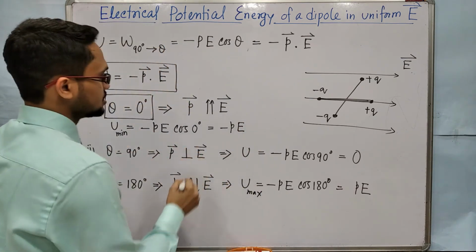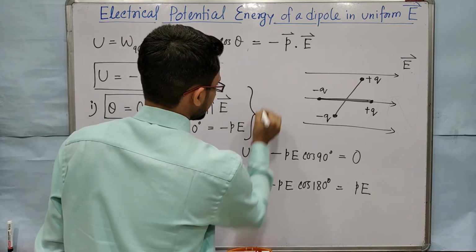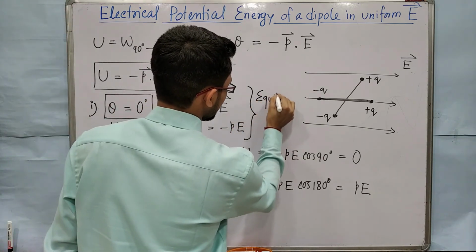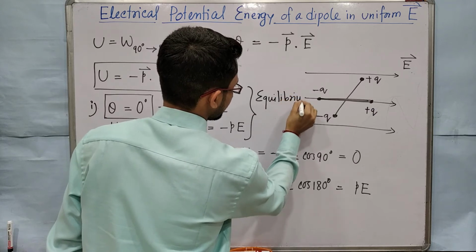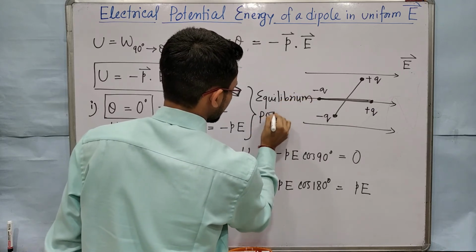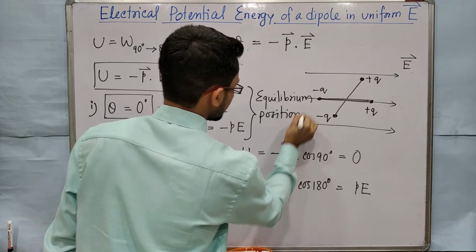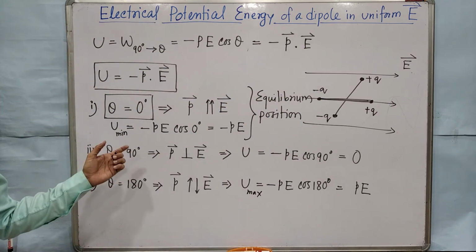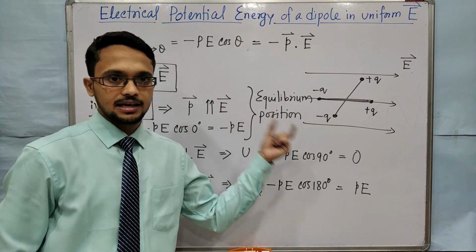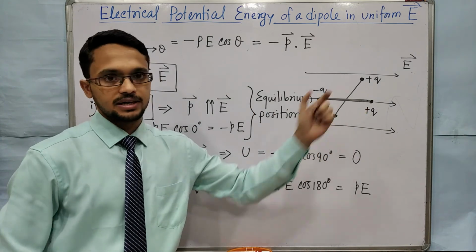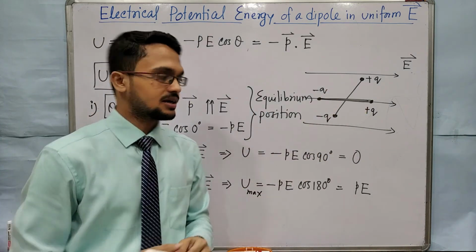So theta equal to 0 position is the equilibrium position. This is also a very important point. Theta equal to 0 degree is the equilibrium position of a dipole in uniform electric field. Okay, understand?